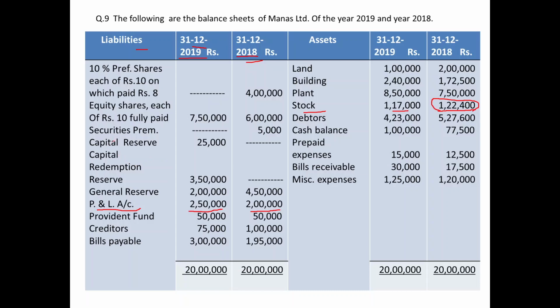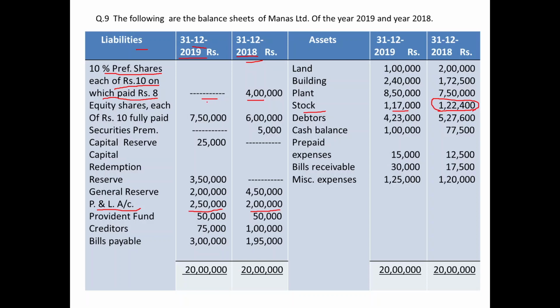So before we verify the equity share capital, the very first item, 10% preference shares each of rupees 10 on which rupees 8 is paid. It means it is partly paid up capital. Opening balance 4 lakh, closing balance nil. And you know, as per the Companies Act provision, partly paid up shares cannot be redeemed.